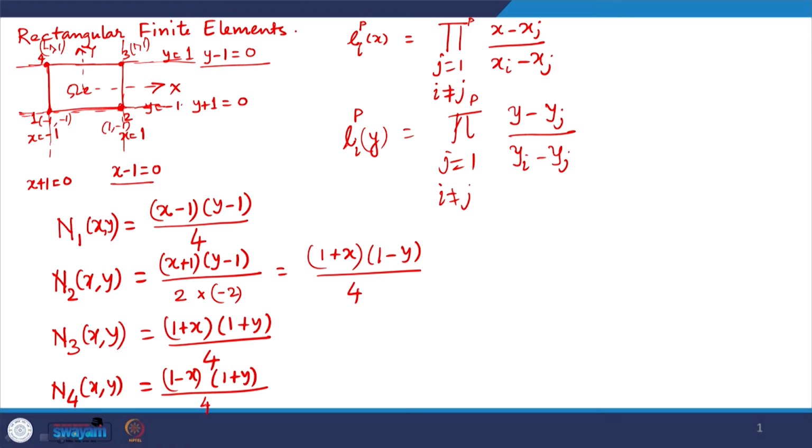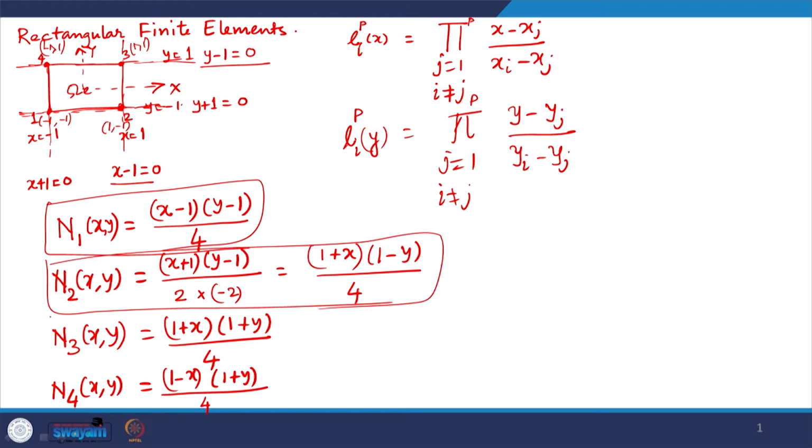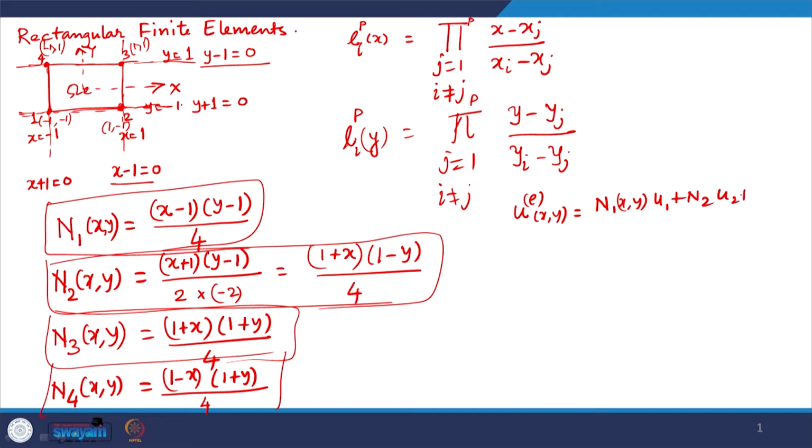So, these are the 4 interpolation functions which define the variation of u within the element: u of x y is equal to N1 u1 plus N2 u2 plus N3 u3 plus N4 u4.